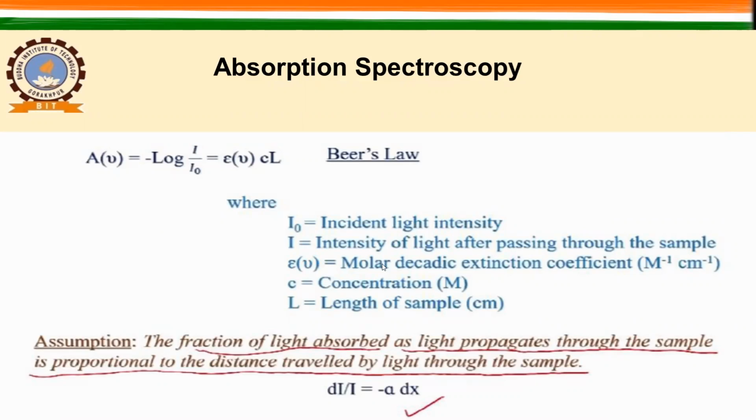Now here the assumption of this particular process is the fraction of light absorbed as light propagates through the sample is proportional to the distance traveled by the light in the sample, right? Hence, finally we get this. Okay, so see this Beer's law.